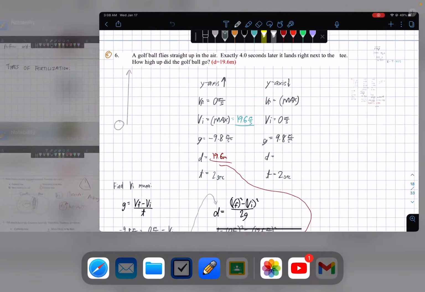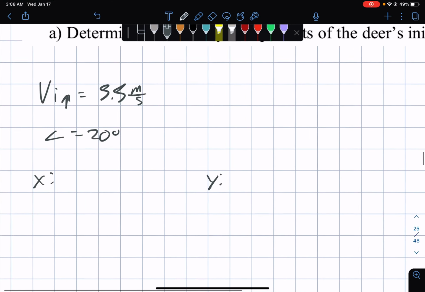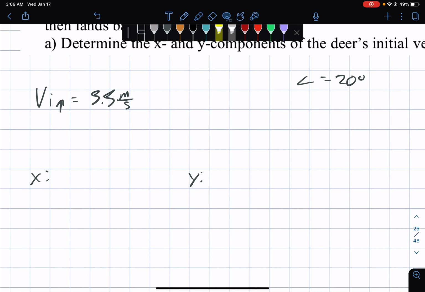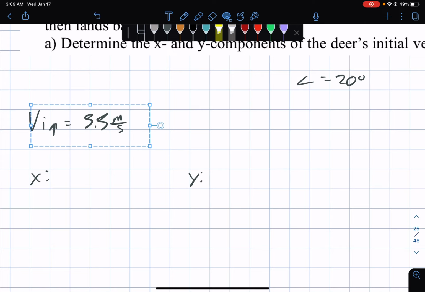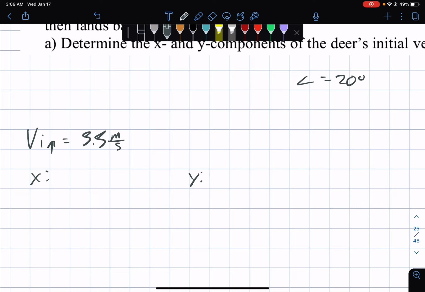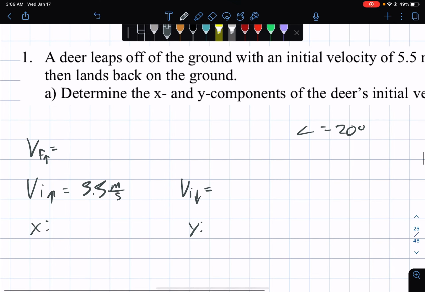Okay, so let's identify first the given. Let's organize it in a table. So going up, the final velocity will always be 0. Going down, the final velocity will be at its maximum.